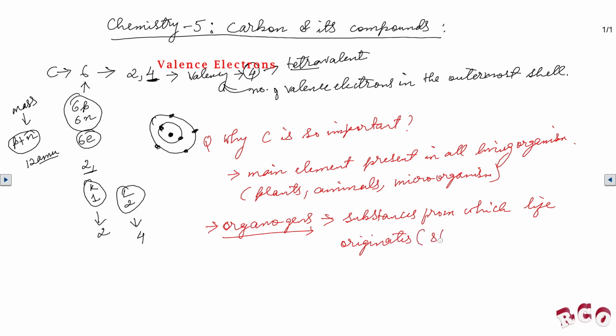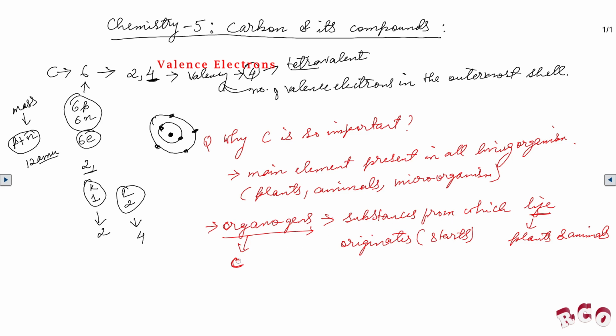So life, which will be plants and animals. Carbon is one of the elements of organogens. Organogens is a name given to any substances from which life originates.